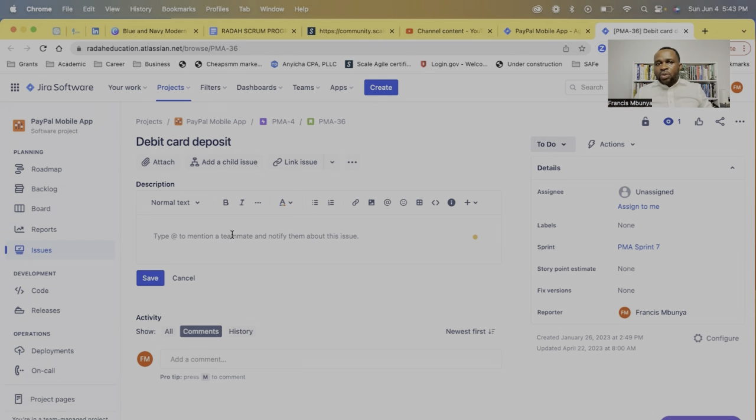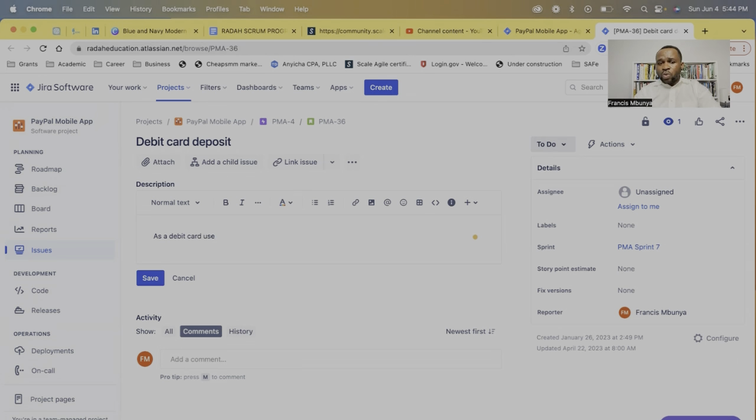What I'm trying to do here is that for us to write a user story, we need to have the who, the what, and the why. So I'm going to write: as a debit card user. This is the who.